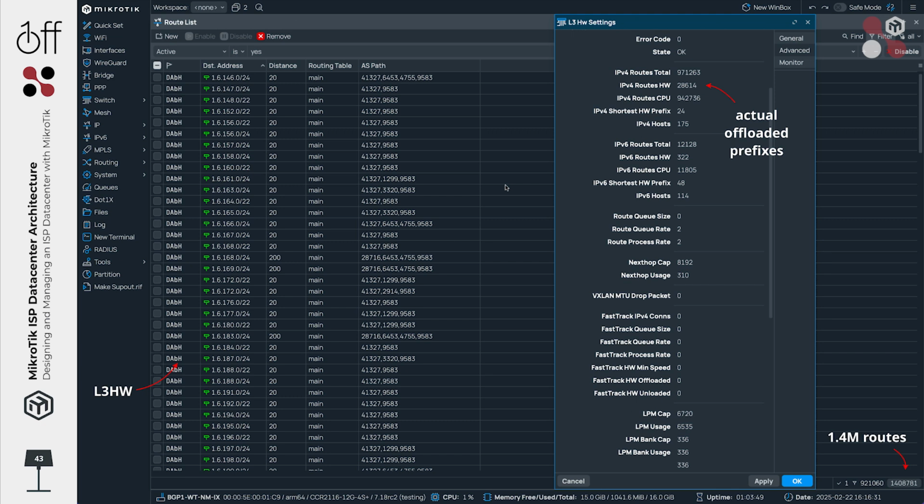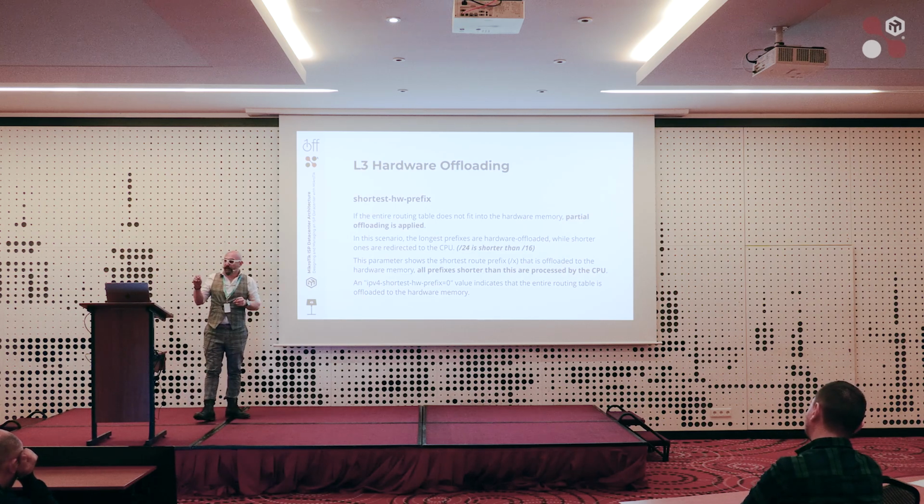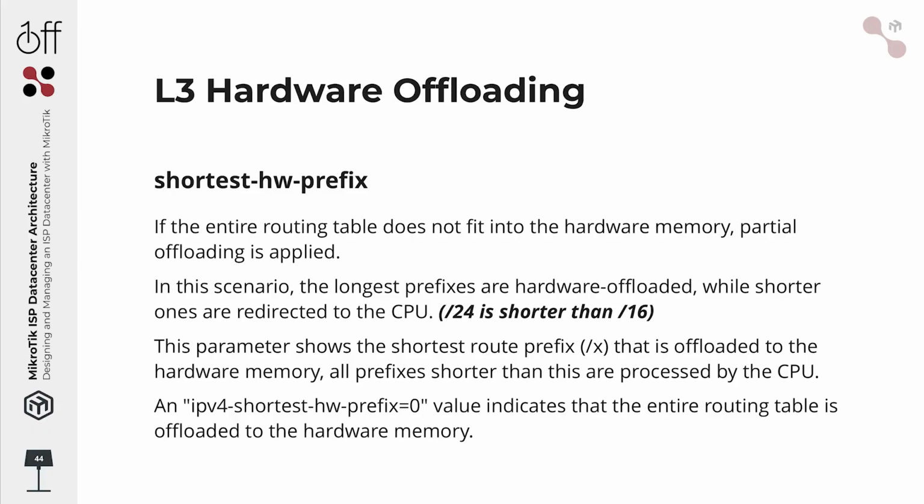What does it mean? That the router is able to offload only the smaller prefixes and not the bigger. And we can assume that the smaller is the one that drives more traffic to the network.